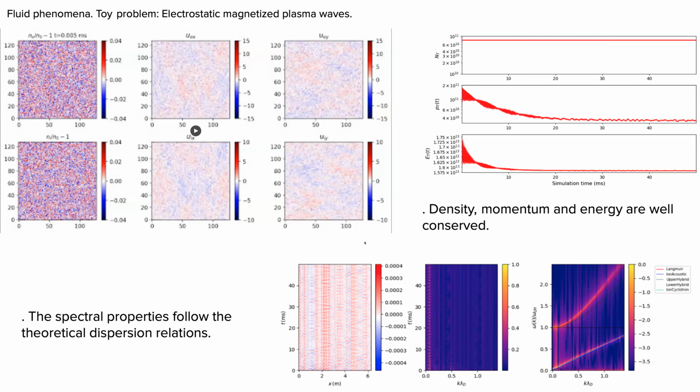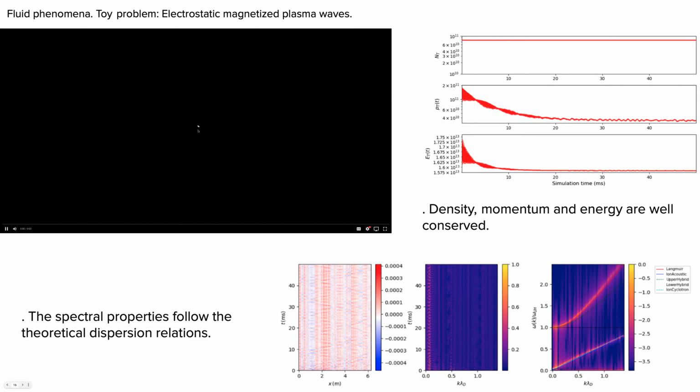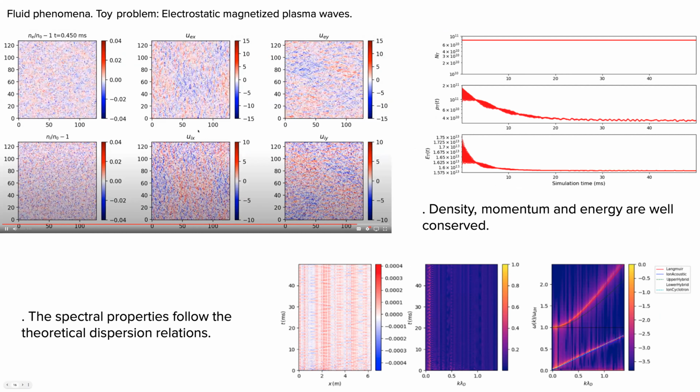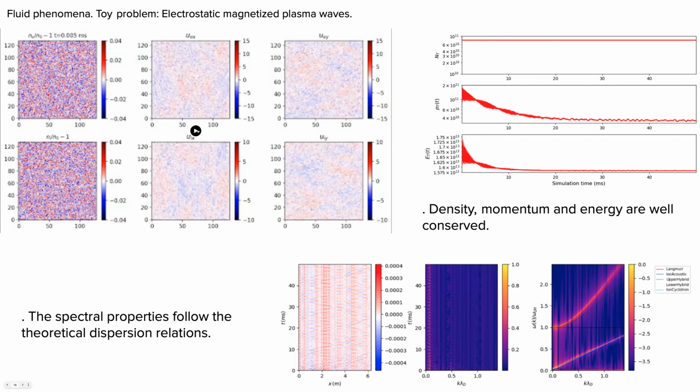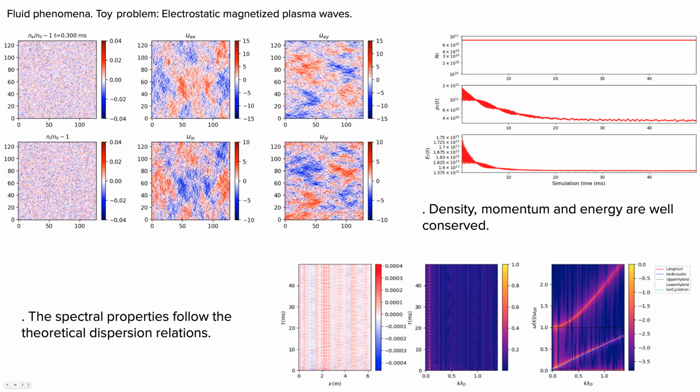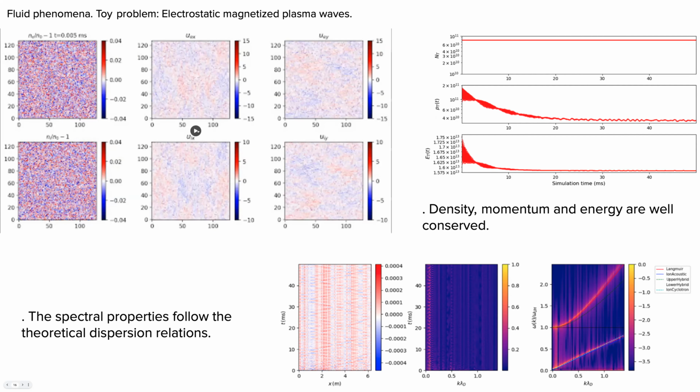So if you make the system evolve, you will see this. This is the electron density and ion density oscillating, and the velocities there doing their thing. Apparently there's not much going on, but if you take the Fourier transform in the x direction, if you just take slices here and make these slices evolve in time, you're going to see this.